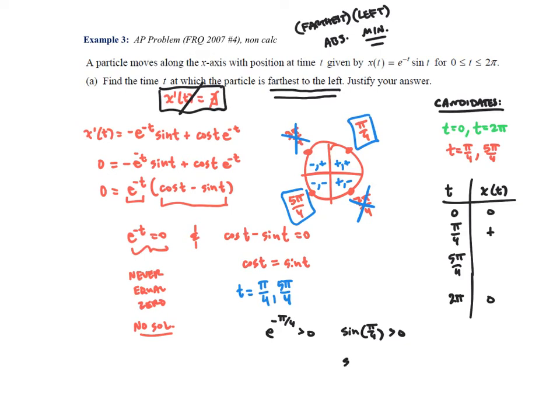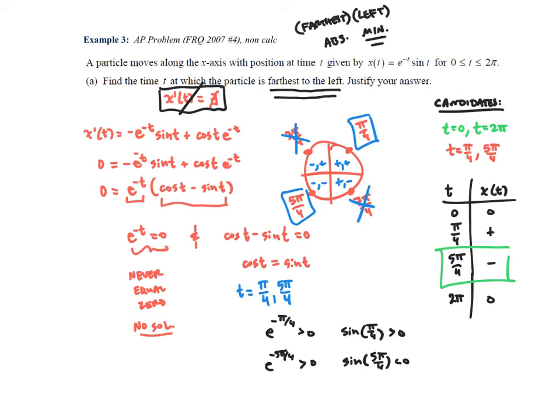Now sine at 5 pi over 4. Well, that's less than 0. And e to the negative 5 pi over 4, excuse me, that's greater than 0. So I know that x of 5 pi over 4 will be negative. Without even finding the value, I've already found the time when the particle is furthest to the left. Why? Because that's the only value where its location is less than 0.